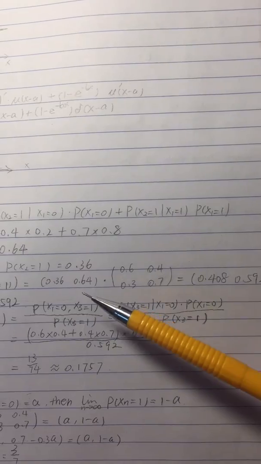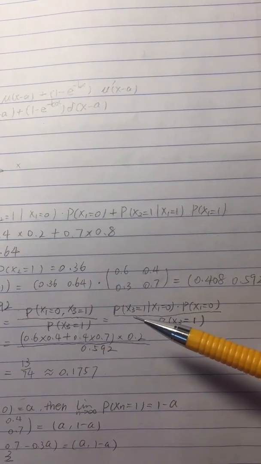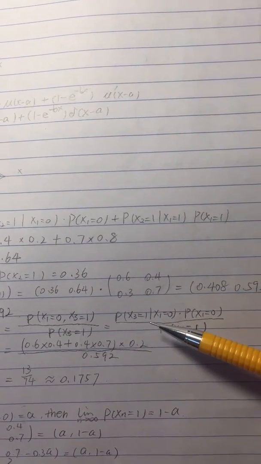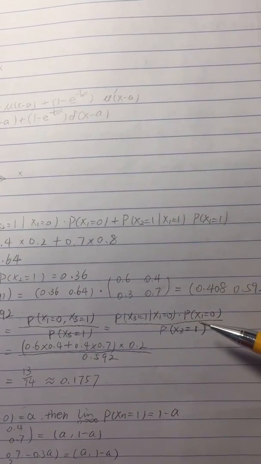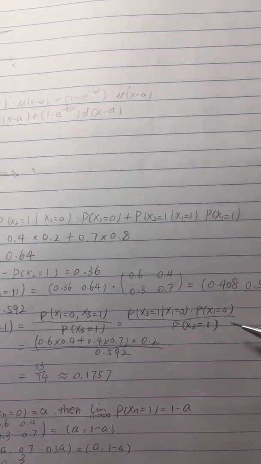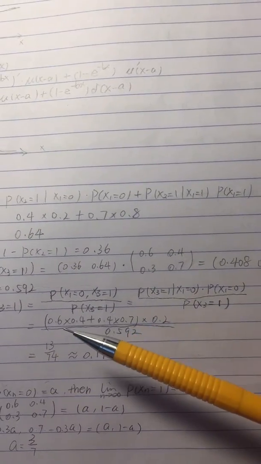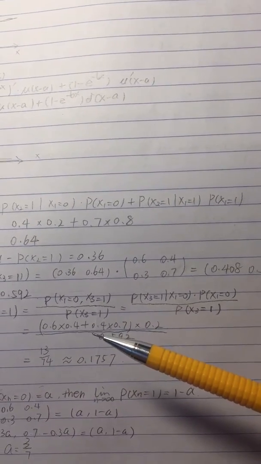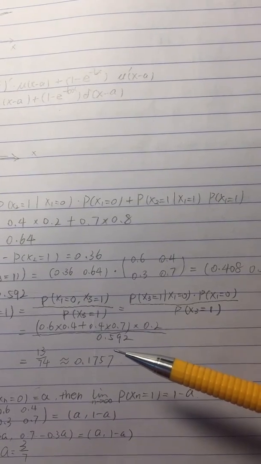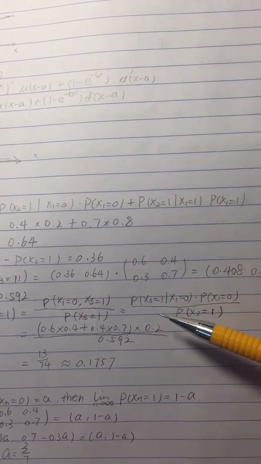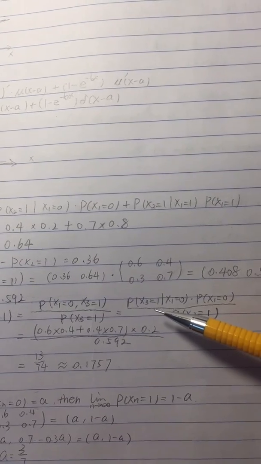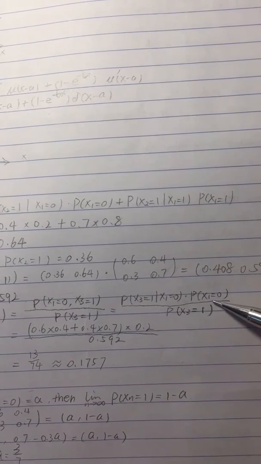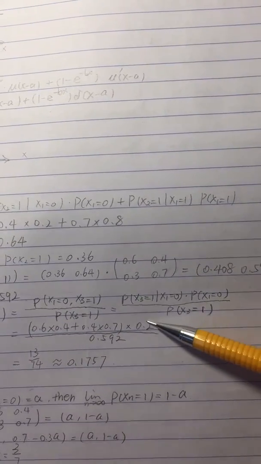The upper part we can divide into the probability of x3 equals 1 when x1 equals 0 times the probability of x1 equals 0, which is 0.6 times 0.4 plus 0.4 times 0.7, which is the probability of this part, and the probability of x1 equals 0 is 0.2.